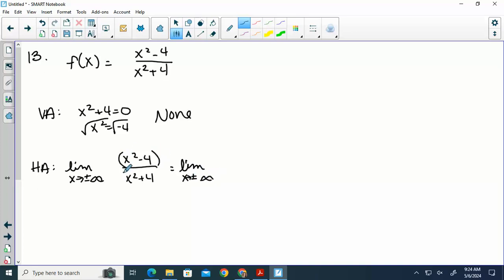So we'll take top and bottom times 1 over x squared. So I get 1 minus 4 over x squared over 1 plus 4 over x squared. And we know a number over infinity goes to 0, so that just goes to 1 over 1, which is 1. So our horizontal asymptote, it is a line, so you have to give me the equation: y equals 1.